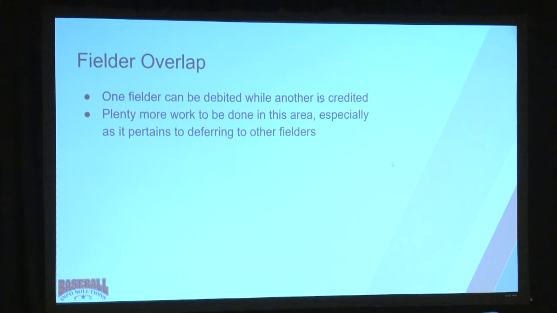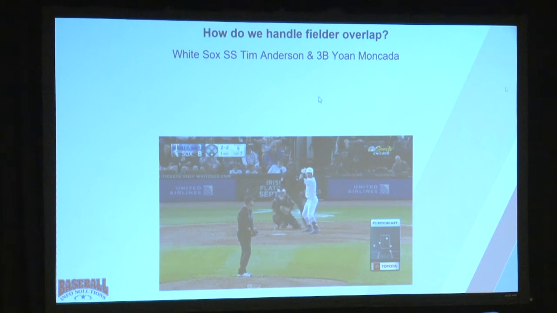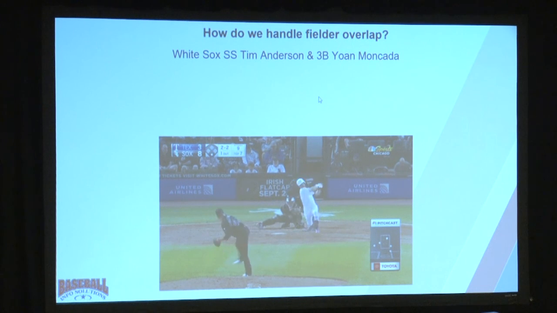But for the moment, if the ball gets by a shallower fielder, we're going to debit him while we credit the fielder behind him. And here's where it works, in a play like this with the White Sox shortstop, Tim Anderson, and the third baseman, Yoan Moncada. Watch how the play develops.